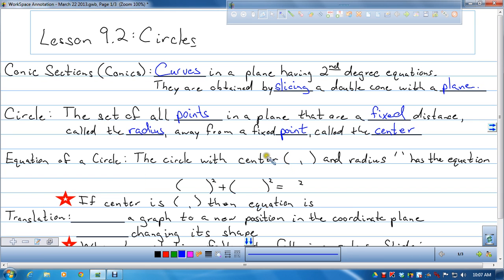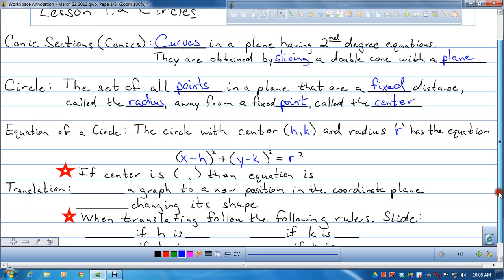Again, as I stated last time, a circle will have a center (h, k). That's an x value of the center and a y value of the center, but we define it as (h, k). It has a radius named r, and it has the following equation: (x minus h), which will be your x value of your center, and all that quantity is squared, plus (y minus k), the k being the y value of your center, that quantity squared, is going to be equal to the radius of that circle squared.